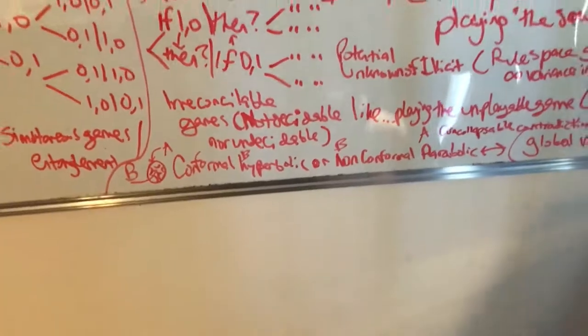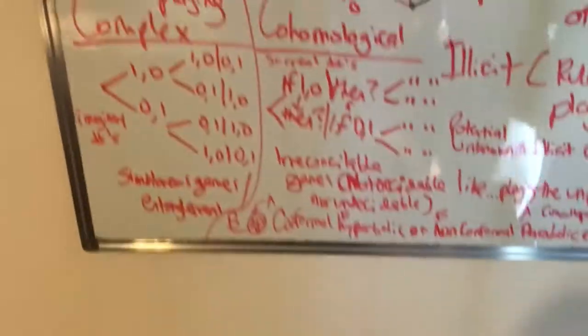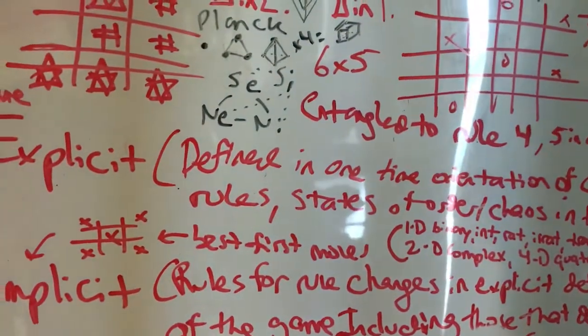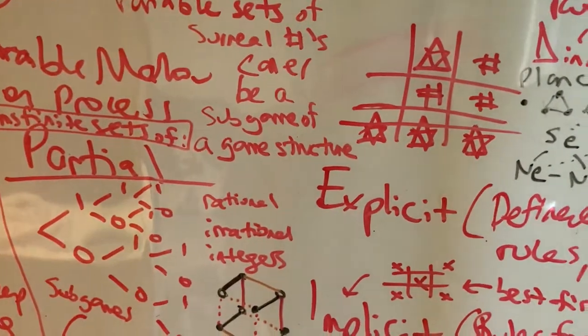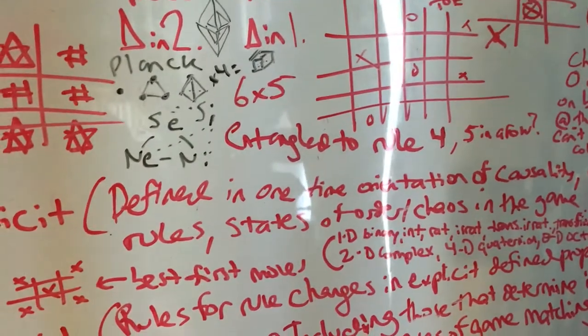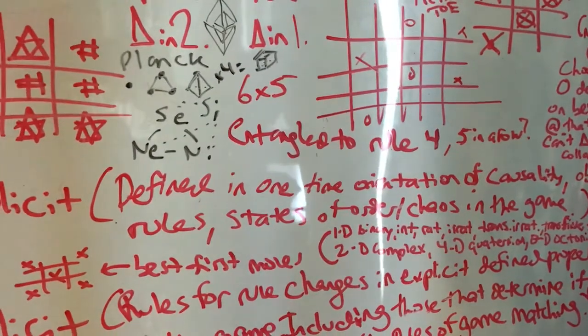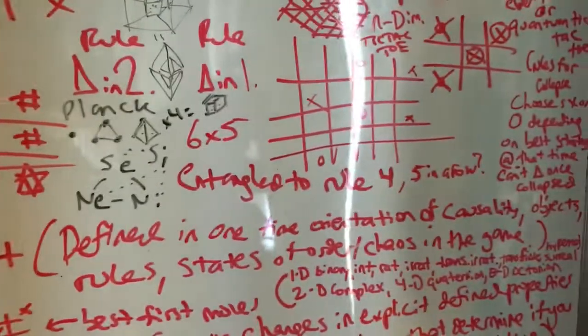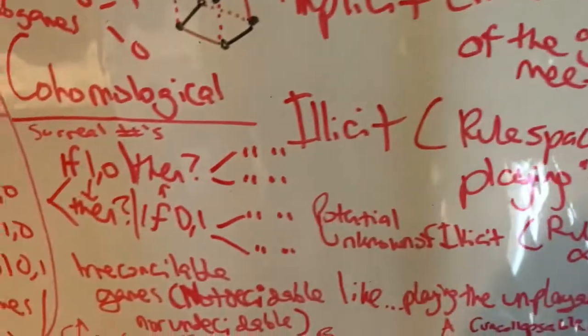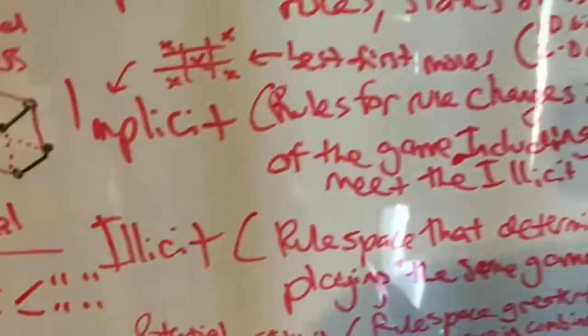One way of describing the limit of this is conformal hyperbolicity or non-conformal parabolicity, but that's a different abstract notion. So in real life, when we have language, it has to do with isomorphisms and homeomorphisms, but the visual data that we are encoding, whether with quantum or classical data structures in the brain, has to do with these game structures, which have explicit, implicit, and illicit rules, and then the potential unknown of the illicit rules.